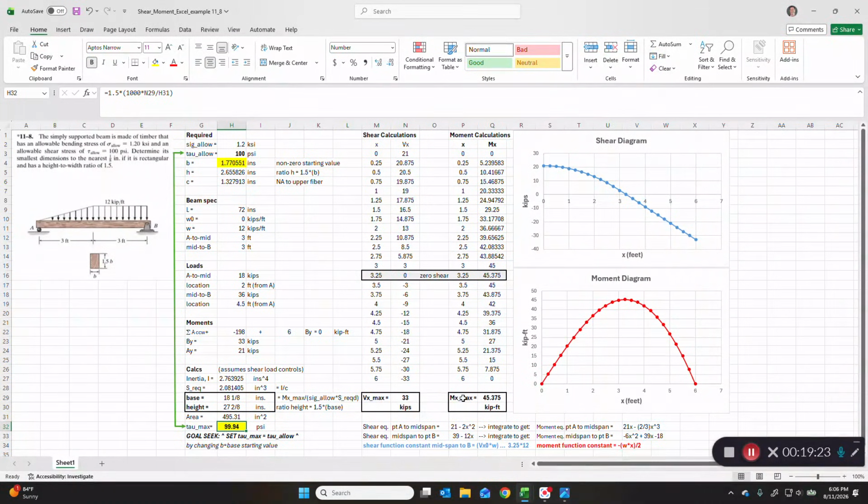Those numbers are bona fide. Over here, they're used in these calculations. So it's an 18 1/8 by a 27 1/4 inch beam that has a cross-sectional area of 495 square inches. That would satisfy all of our constraints here, allowable bending stress, allowable shear stress, and still meet the base times 1.5 B height or depth specification.